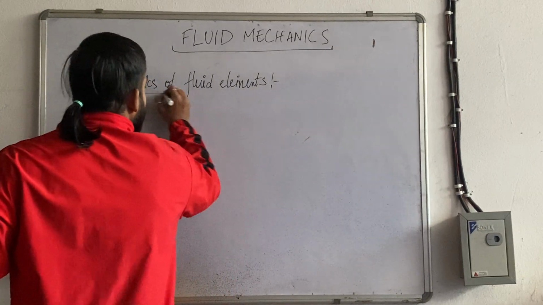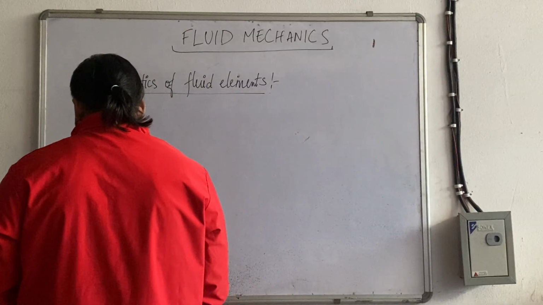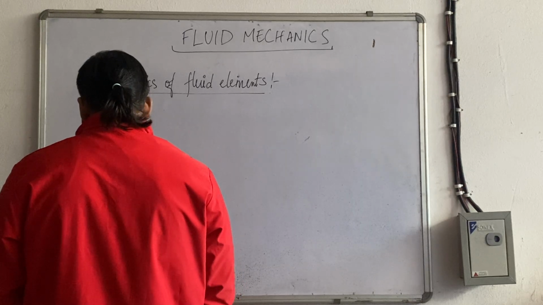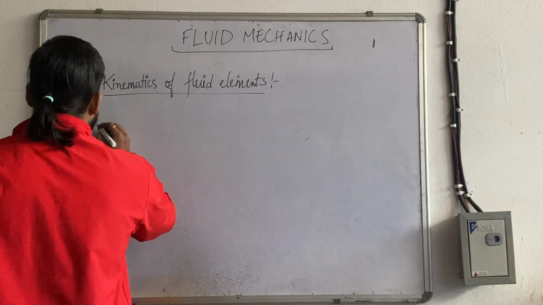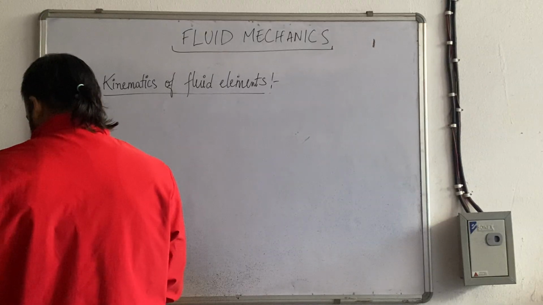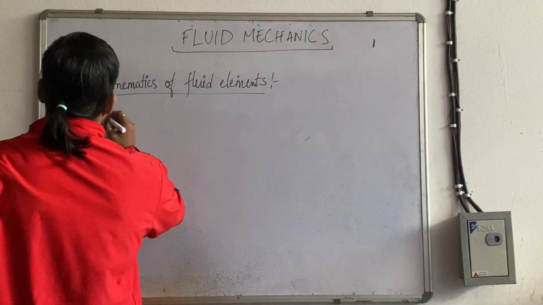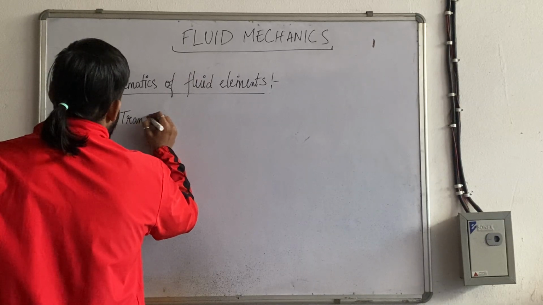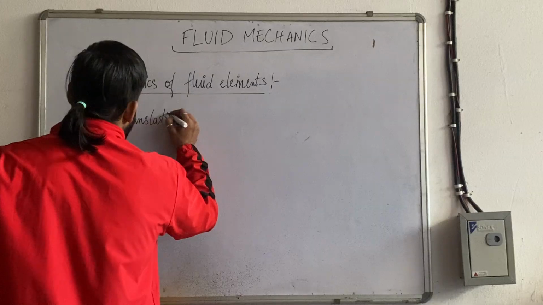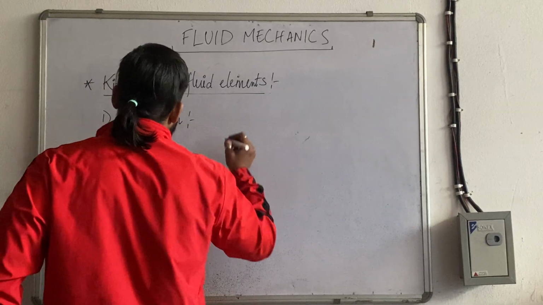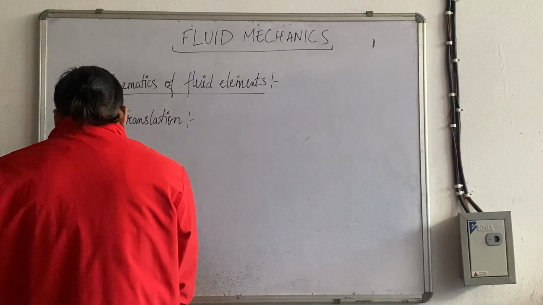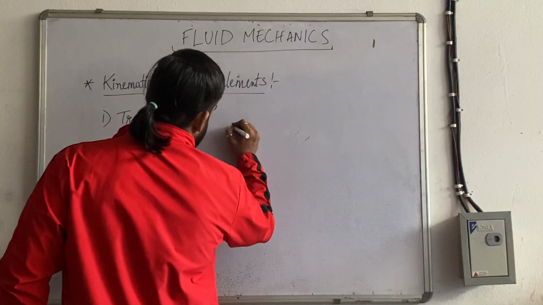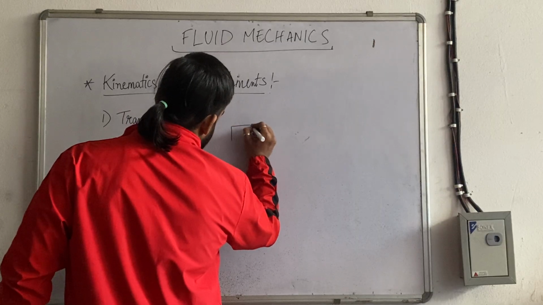Now fluid elements can have a translation motion or rotational motion. First one is translation. In translation, for example, let us consider this as a fluid particle.